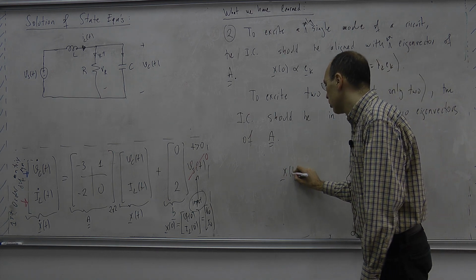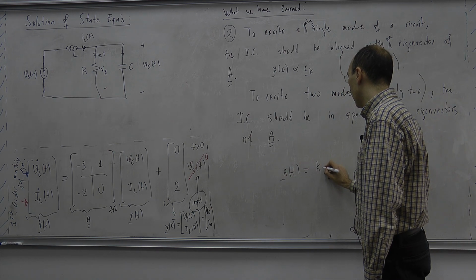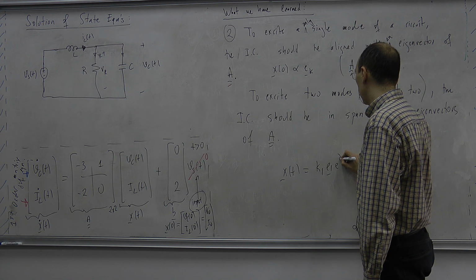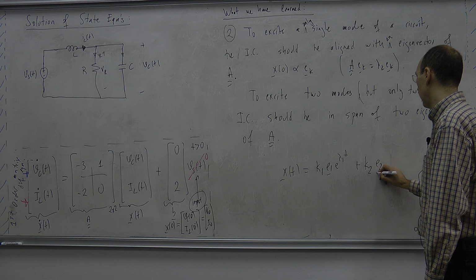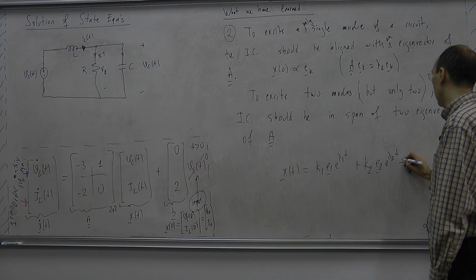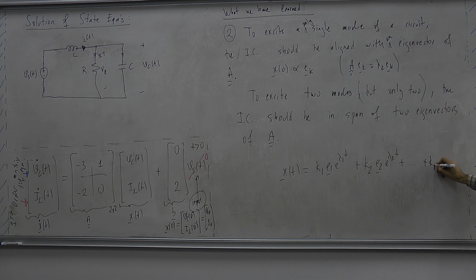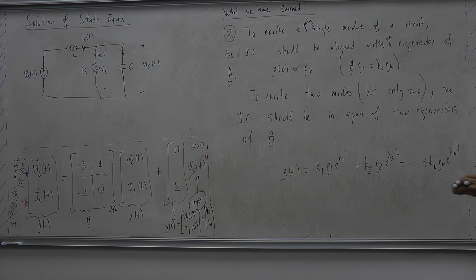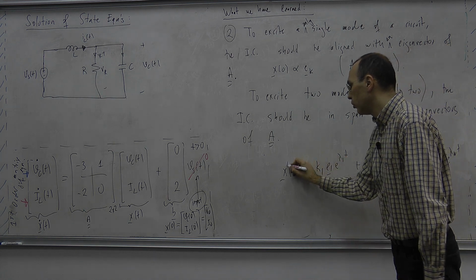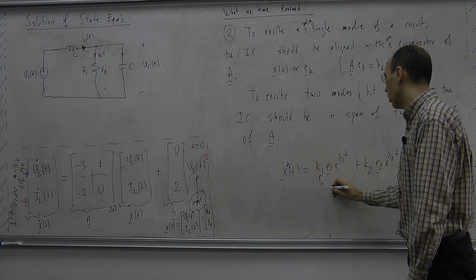Please remember, what is the general solution? x of t is k1 e1 e to the lambda 1 t plus k2 e2 e to the lambda 2 t, and it goes like this up to kn en e to the lambda n t. Let's say that in your solution you want to see only these two terms. Remember, this is the homogeneous solution right now, so I don't know these coefficients.